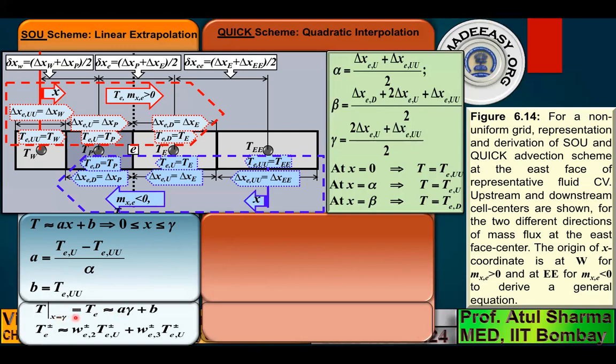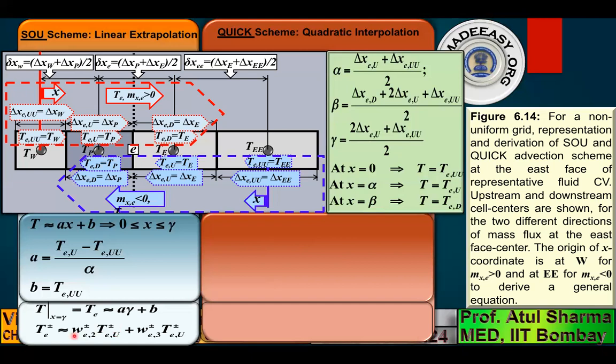This is ax plus b, and when you substitute x equal to gamma, this will become a gamma plus b as shown here. If you substitute a and b, finally you end up with an expression.